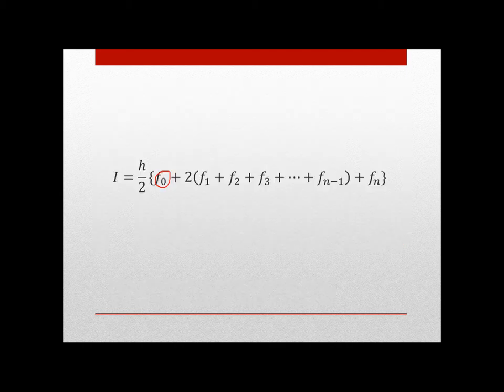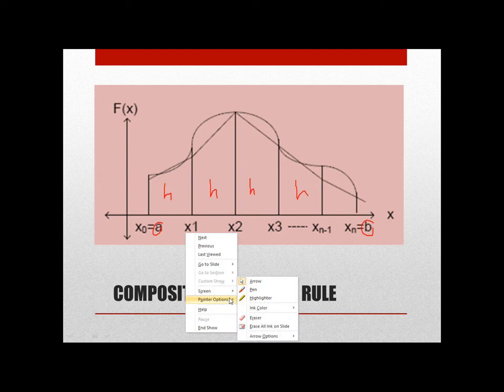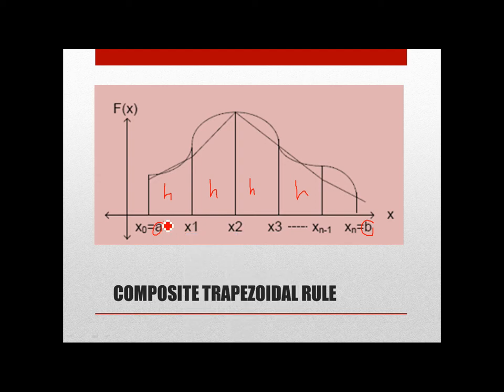You follow? How about this f sub 1? This f sub 1 can be solved by a plus h, so you'll be able to solve for x sub 1. Whatever the value of your a, just add the value of your h and substitute that to your function and you'll get the f sub 1.